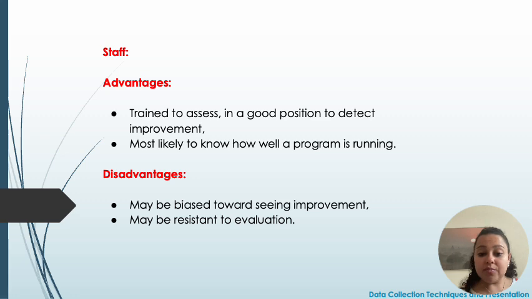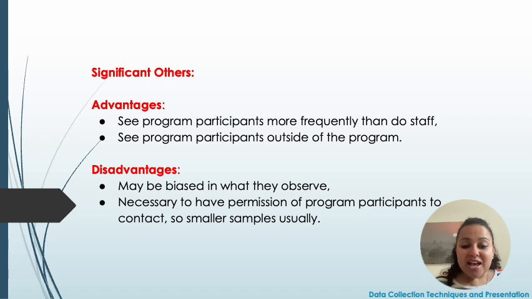But sometimes it can be biased. This person can be biased and can be resistant to the evaluation if this person is in a connection with the trainer, for example. Significant others see the program participant more frequently than staff do, and see the participant outside of the program. This is their advantage: you will meet with the people and ask them some more questions.